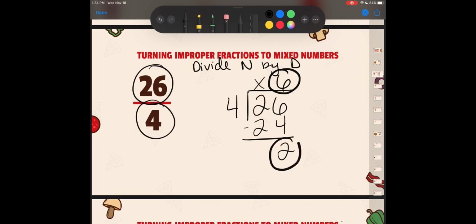But we're going to look at the numbers we have, and we're going to assign them different parts of our new mixed number. So I've got these 3 numbers that we're going to look at: 6, 2, and 4. However many whole times that 4 went into 26 is our whole number.